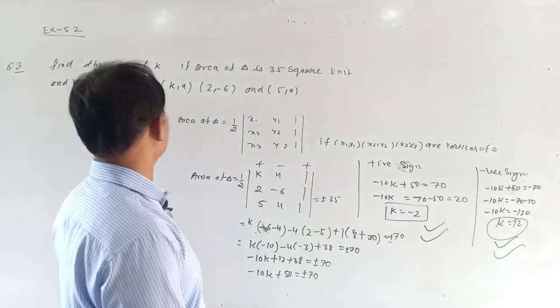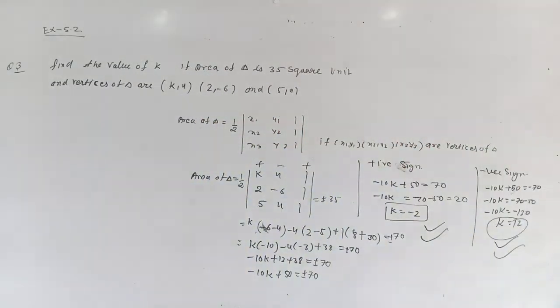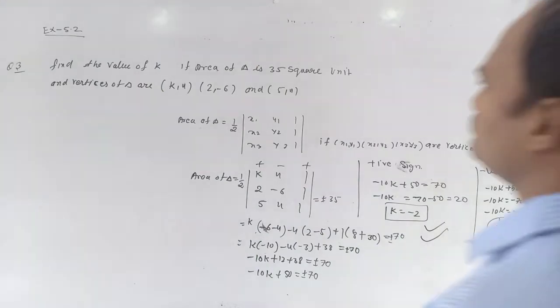So now we are going to solve the next question. What is the next question? Let's see. We are going to solve question number 4. So what is question number 4?